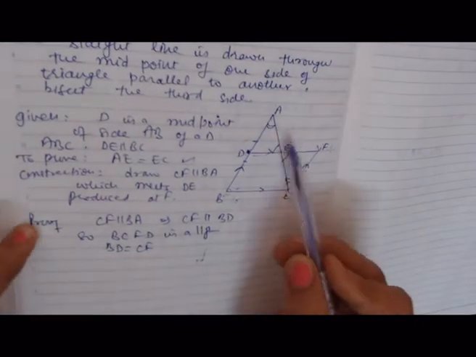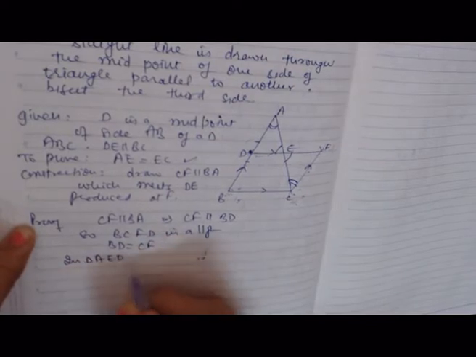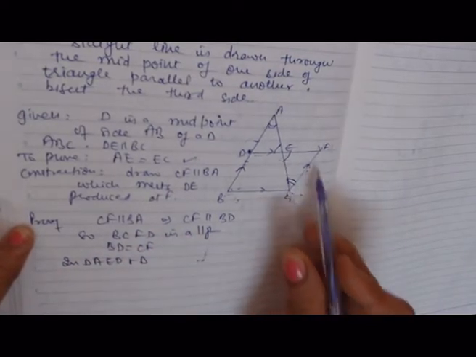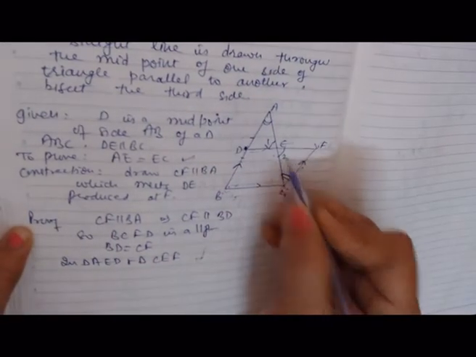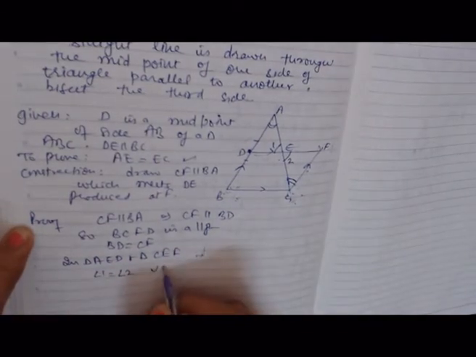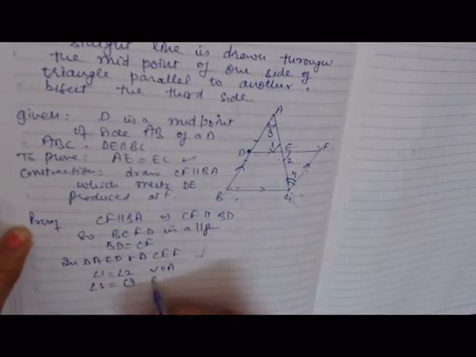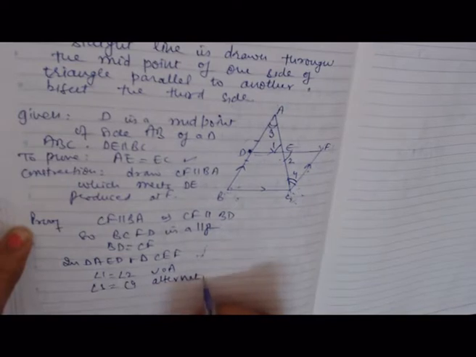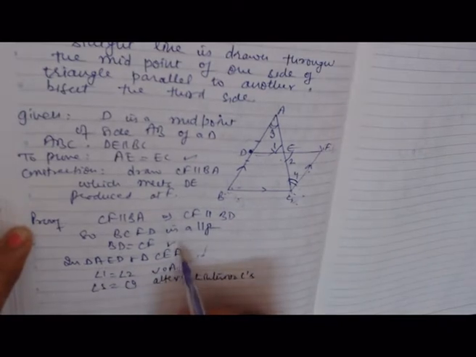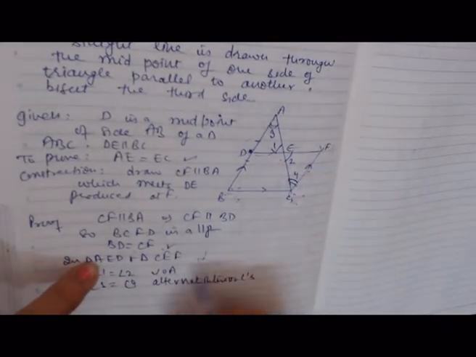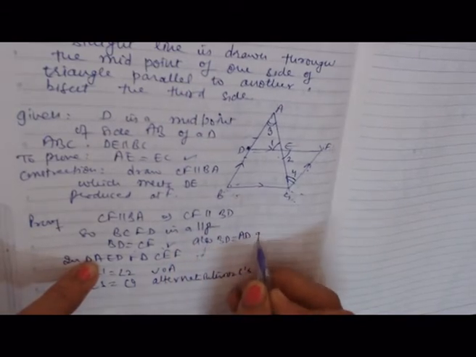Now take triangle AED and triangle CEF. In these two triangles, angle 1 is equal to angle 2, that is the vertically opposite angle. Angle 3 is equal to angle 4, that is the alternate interior angle. And you get BD is equal to CF, and also BD is equal to AD, that is given to you.